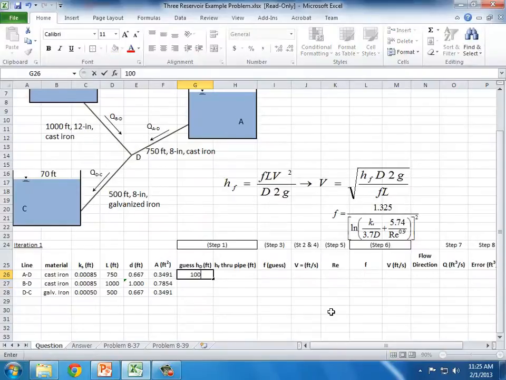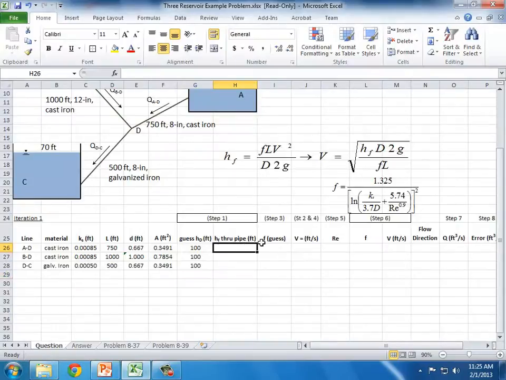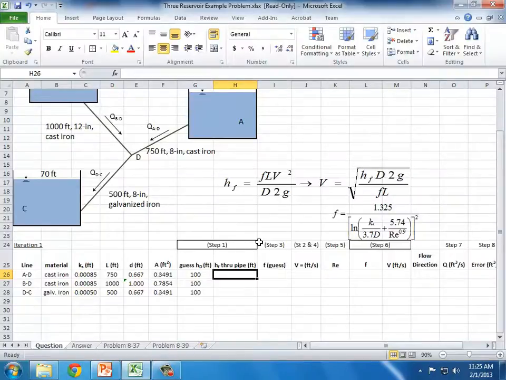And so I'm guessing at this point that there's 100 feet of head at location D. And the range of possible values seems like it'll be less than 120 and more than 70. So if there's 100 feet of head at D, then how much head loss is there going to be through each of the pipes, through pipe DC, AC, and BC? The formula for that is just going to be the elevation of its head.